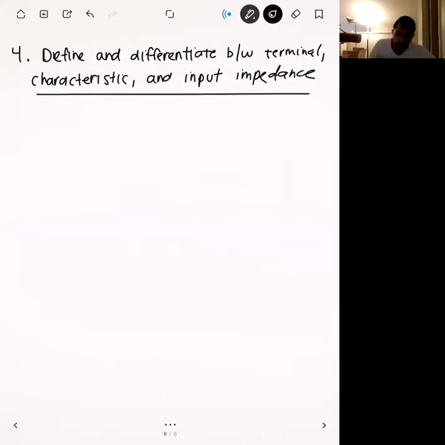We've already gone over terminal and characteristic impedance, so I'm not going to repeat those, but let's go over this concept of input impedance.